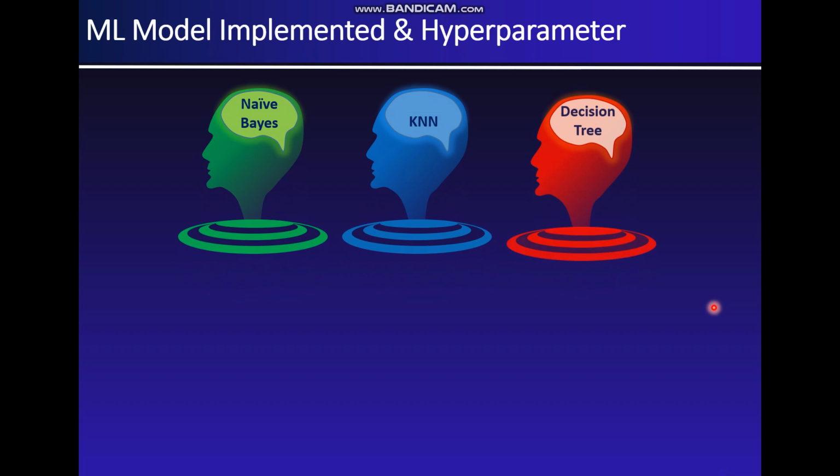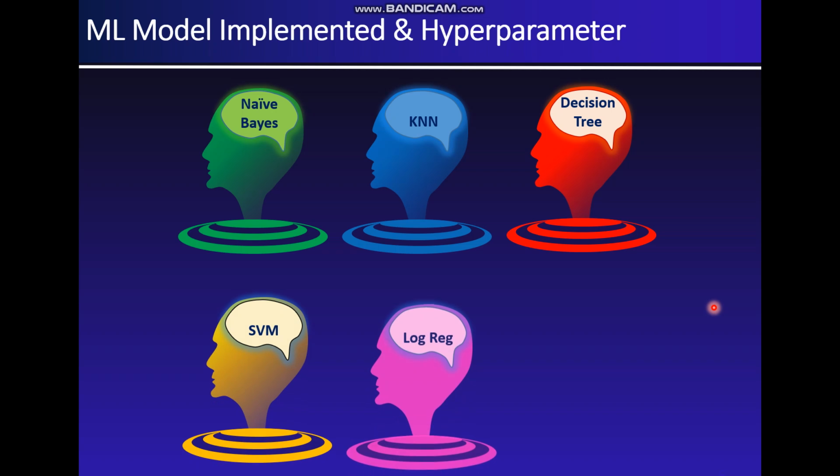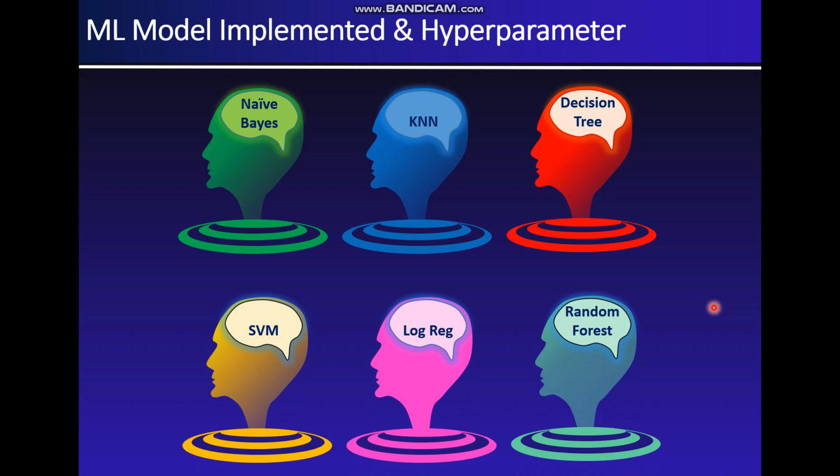So there were 7 algorithms which I ran to evaluate the performance of various machine learning algorithms along with hyperparameter tuning. However, on this slide you can see there are 6 different machine learning algorithms. The seventh one, which I'm currently doing, is the artificial neural network.